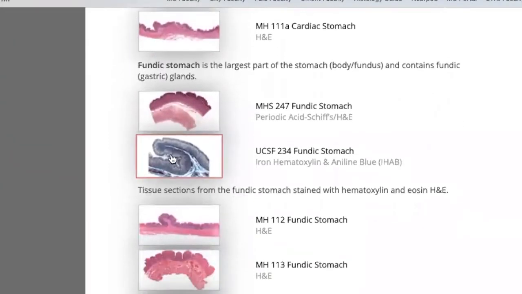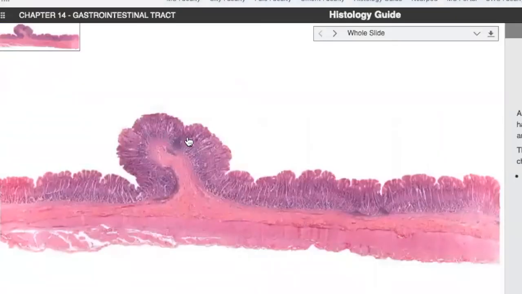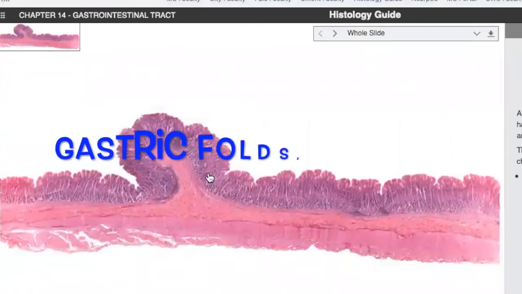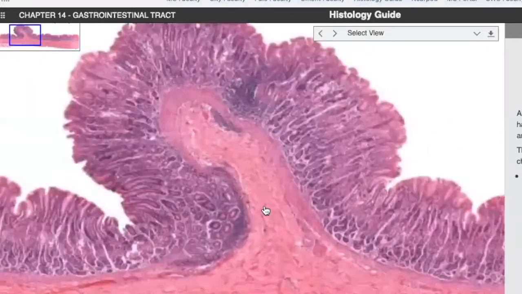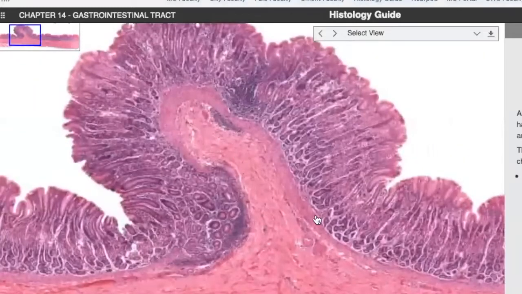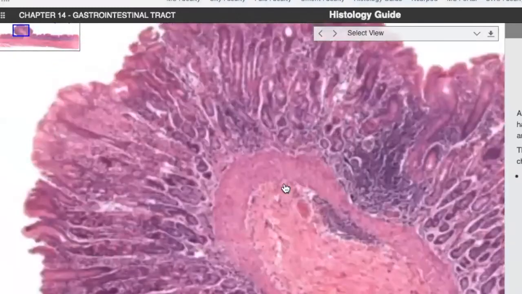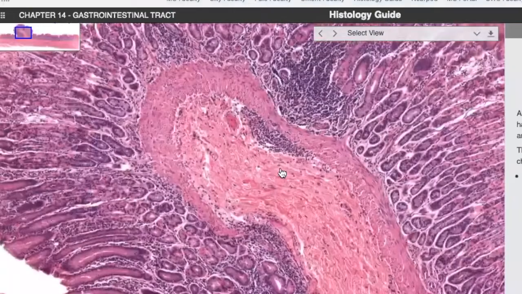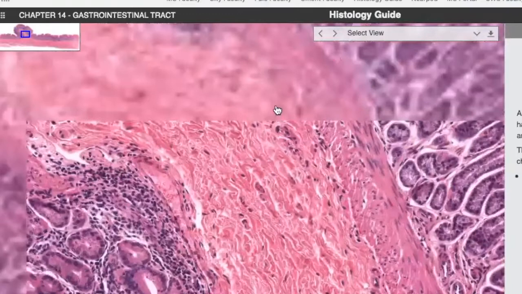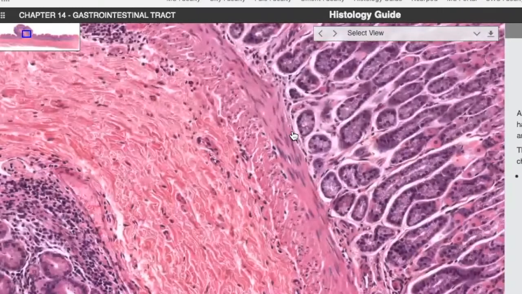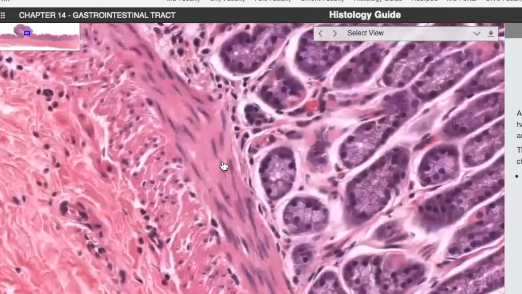There's a couple of different sections of the stomach. Right, this one will have that gastric fold, the major big fold that we could see macroscopically. That includes the submucosa going up here. All right, so this is the submucosa. Right, that's all the collagen fibers and stuff. And then you have a thin layer of the muscularis mucosa right here.